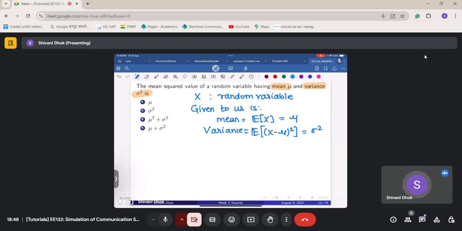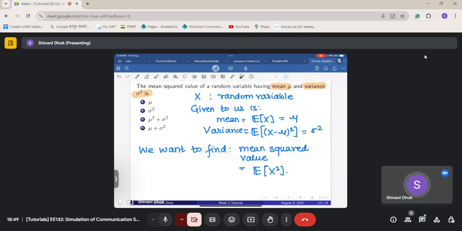And what we need to do is we want to find the mean squared value, which is simply expectation of x square. So if we observe carefully, intuitively, there is some relation between mean, variance and mean square.